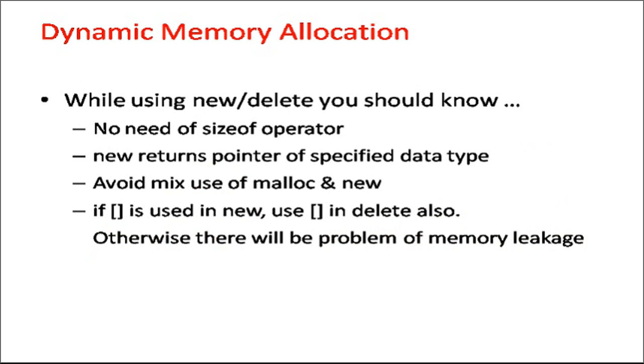In C++ we need not use the sizeof operator, whereas with malloc we always needed it. Even typecasting is not required, because the return type of malloc was void star, a generic pointer, which needed to be typecasted to the type of the pointer we declared. That is not required with new.